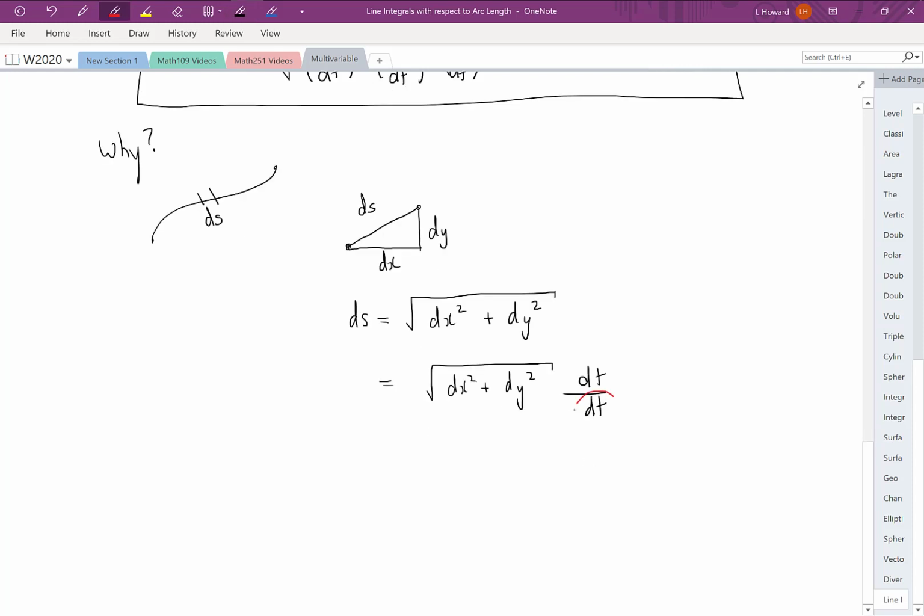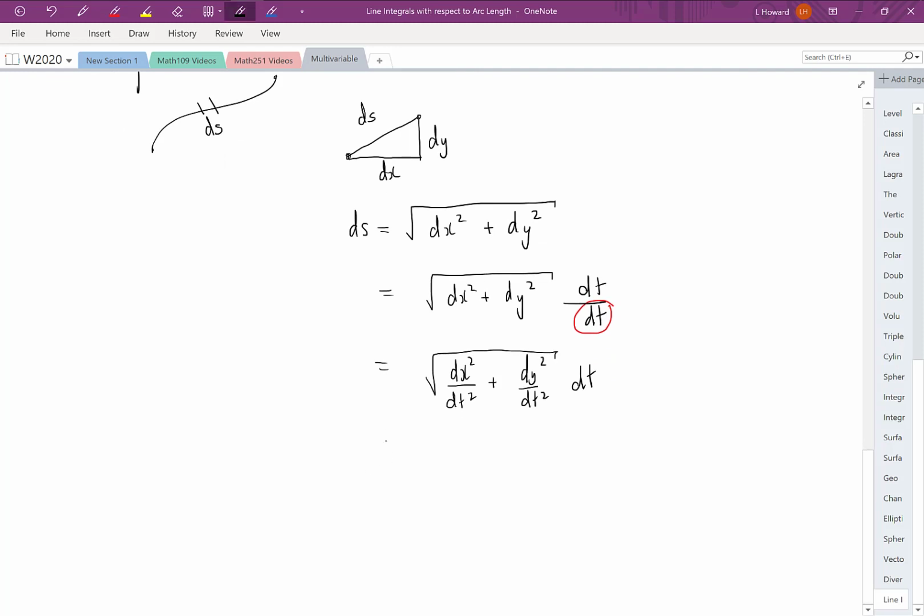And let's take that factor of dt that we're seeing in the denominator and let's bring that inside the square root. So when we bring that inside the square root, that's now going to become a dt squared in our denominators. So under the root, we're going to have dx squared over dt squared plus dy squared over dt squared, and then we still got that factor of dt out at the back.